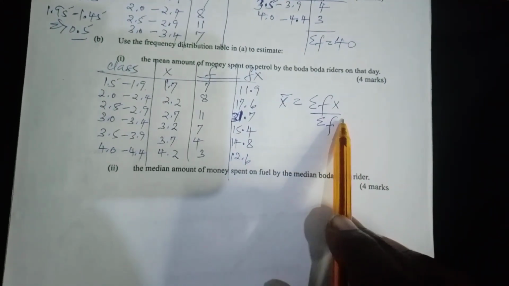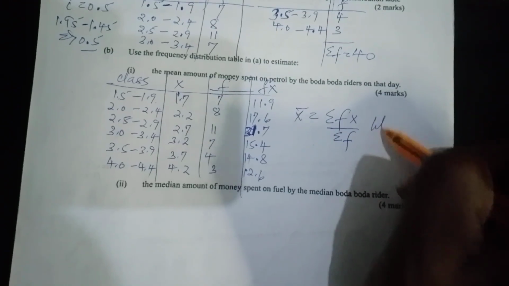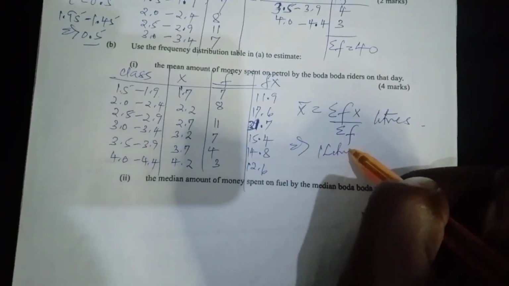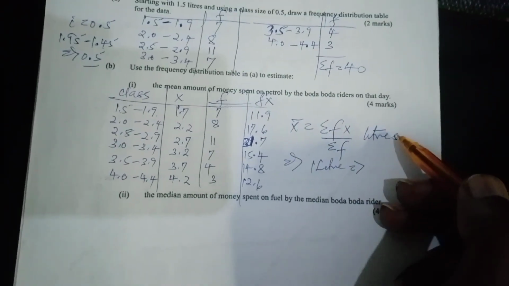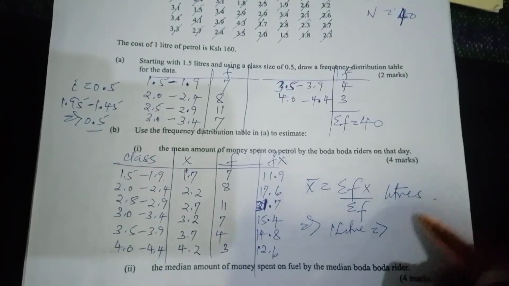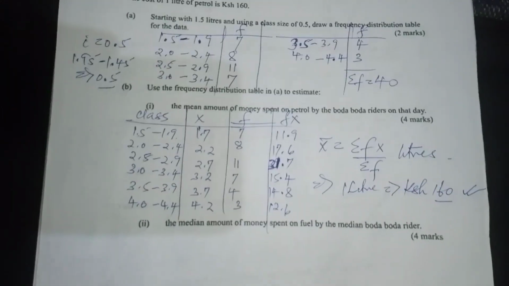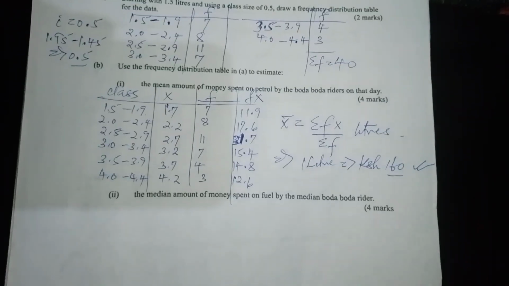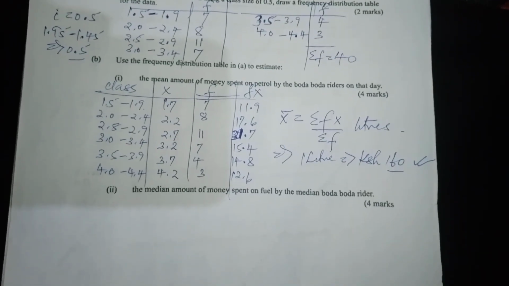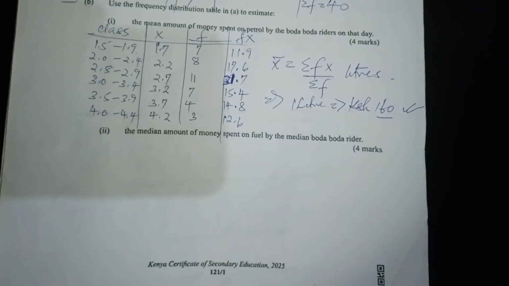After getting the mean, which is in liters, we know that 1 liter costs Kenya shillings 160. So you're going to multiply by that amount so that you get the mean amount of money spent on petrol.